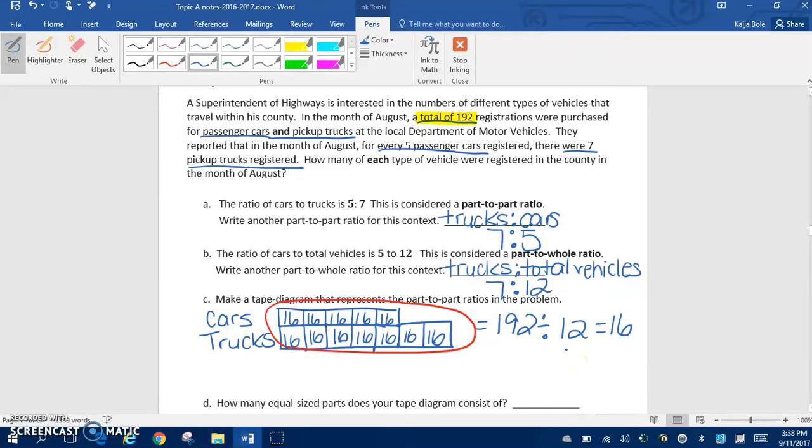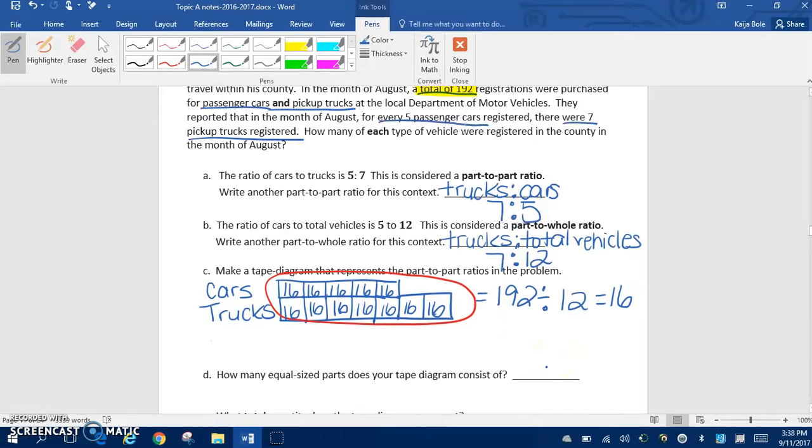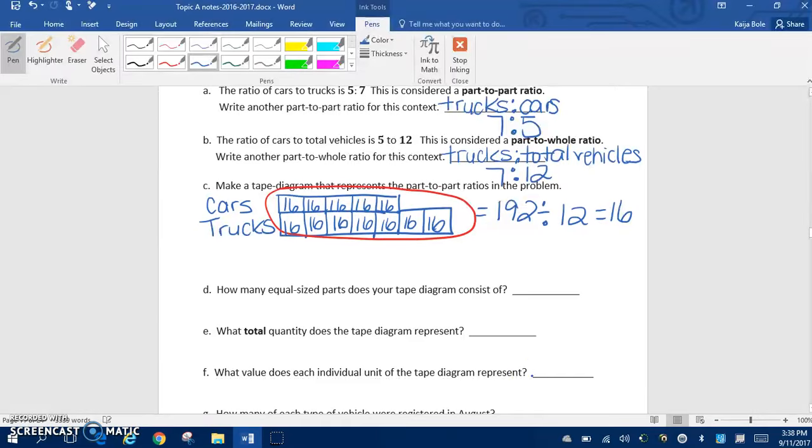Okay, so then if we go down to part D, it says how many equal sized parts does your tape diagram consist of? We already talked about that. There are 12 equal sized parts because there's 12 boxes. So we're going to fill that in here. Part E says what total quantity does the tape diagram represent? We also talked about that.